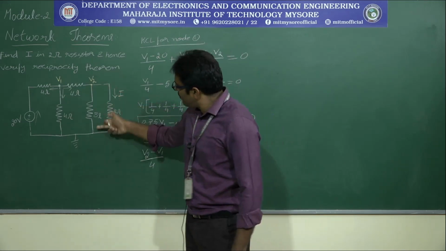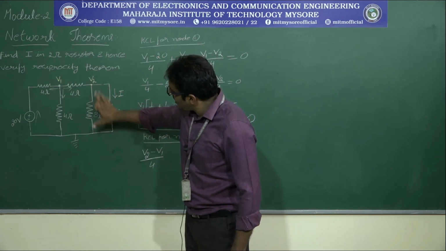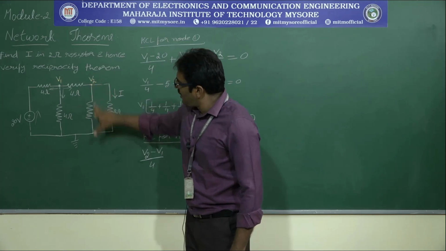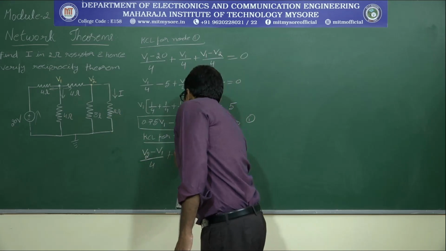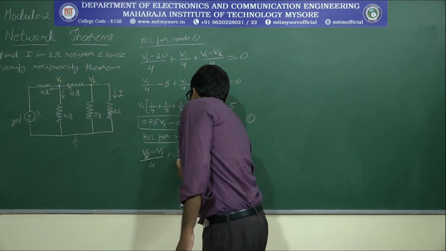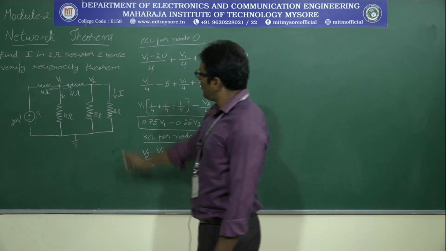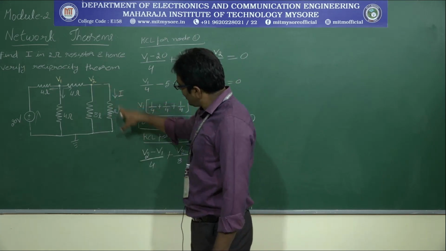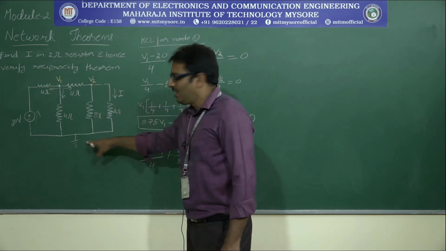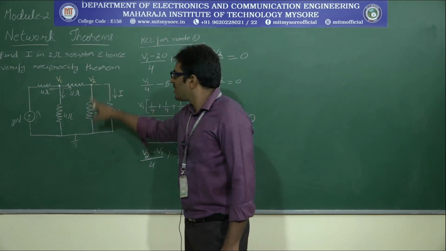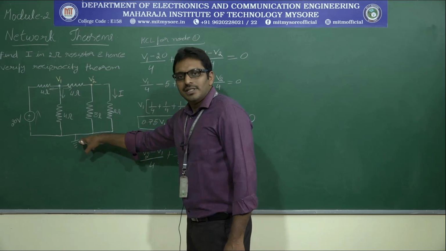What is the current in this branch? The potential difference across the 8 ohm resistor is V2 minus 0 divided by resistance 8. So, V2 divided by 8. What is the current in this branch? Again, this 2 ohm resistor is connected between V2 and ground. What is the potential difference? V2 minus 0.